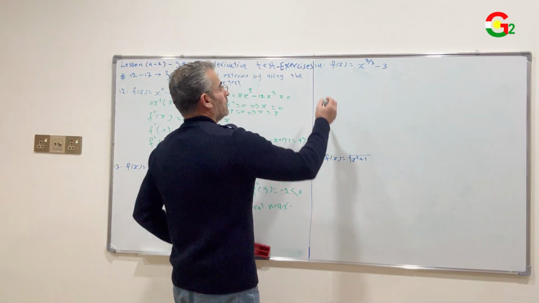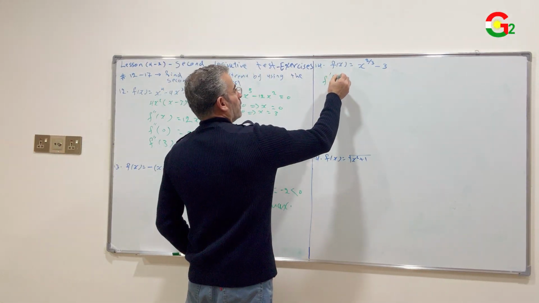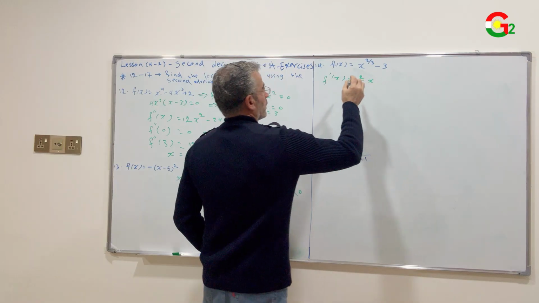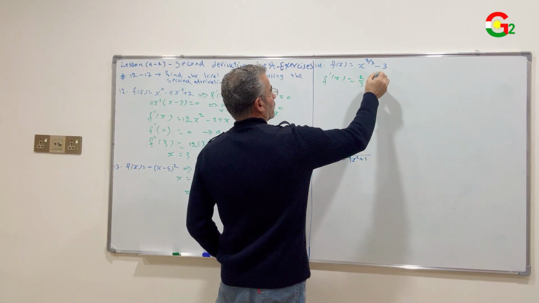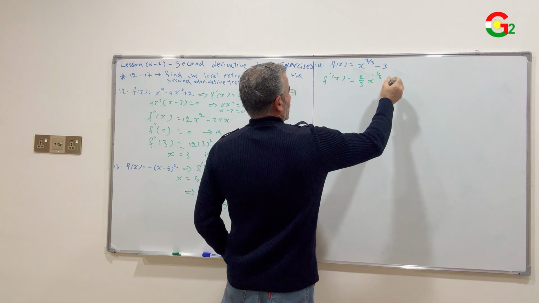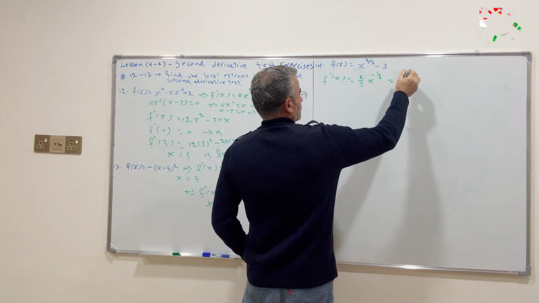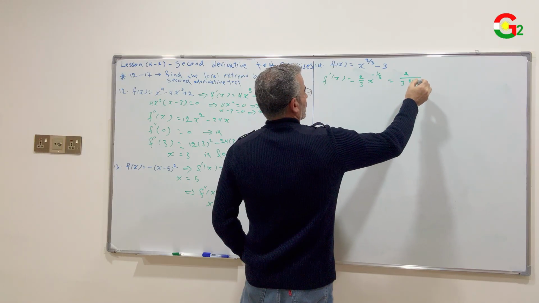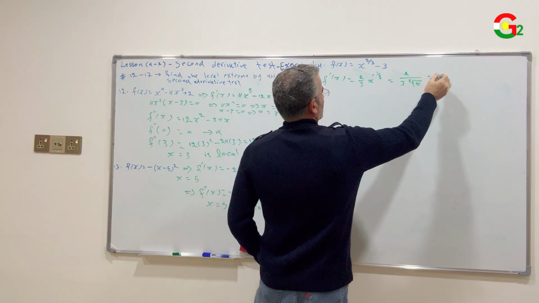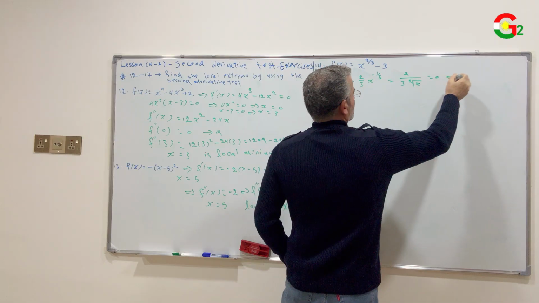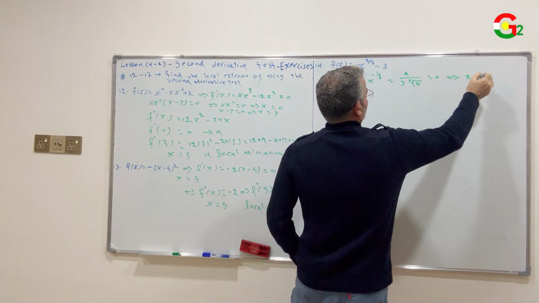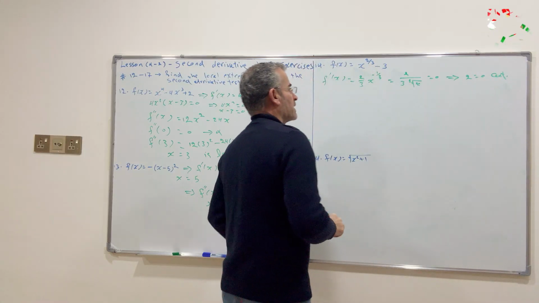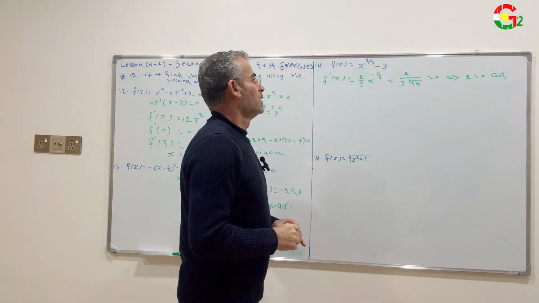Question number 14, f prime of x equals 2 over 3 x to the power of 2 over 3 minus 1, which is x to the negative 1 over 3, equal to 2 over 3 cube root of x. Set it equal to 0, cross multiplication, then 2 equals 0, a contradiction, so there is no value of x that makes this derivative 0.